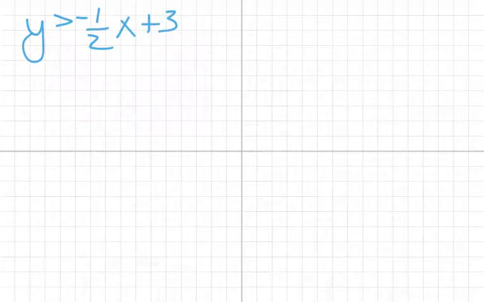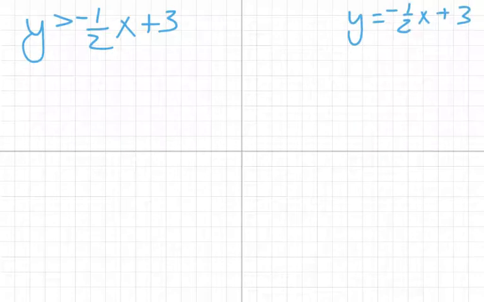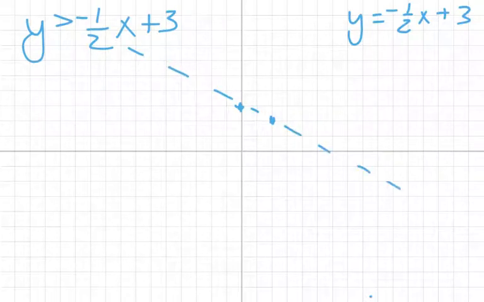And so we would graph the line y equals -1/2 x plus 3. So that has a y-intercept of 3, and then the slope is going to send us down 1 and right 2. And because it is greater than and not actually equal to, when we go to put the line in, we're going to use a dashed line.